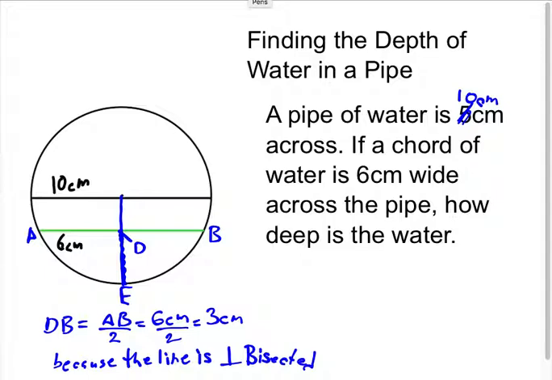So I'm on my way to finding the depth of my water. I now know this chunk of chord here is only 3 centimeters.